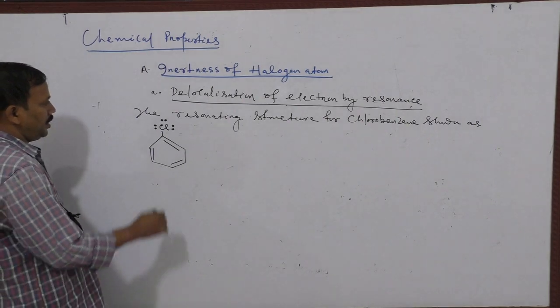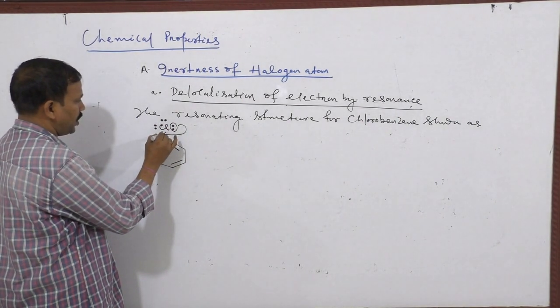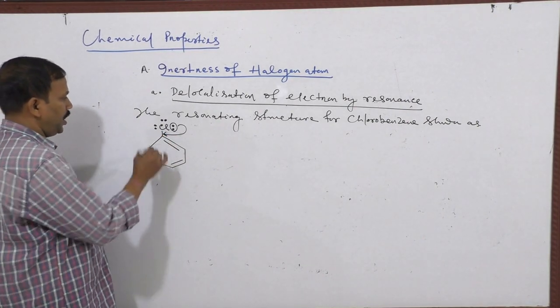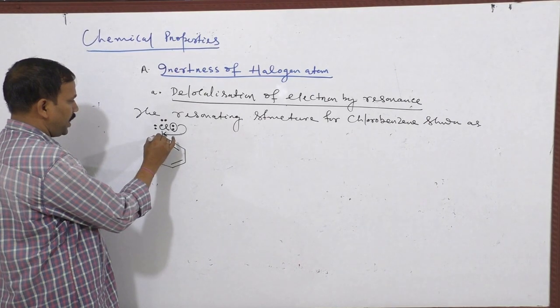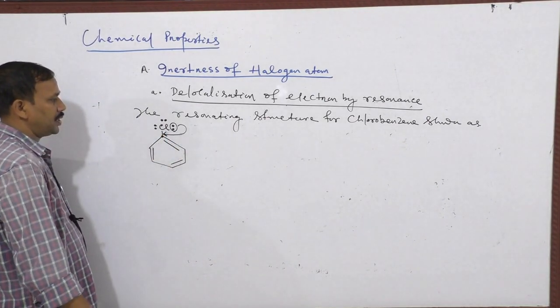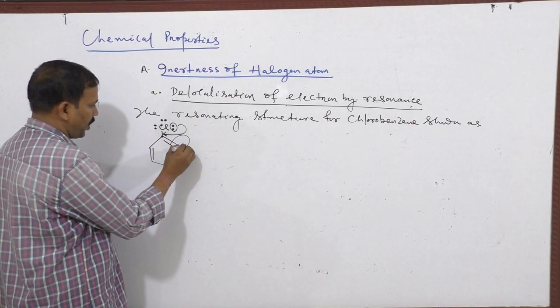Suppose we place a pair of electrons between the carbon and chlorine. Now this carbon becomes pentavalent: 1, 2, 3, 4, and a new bond will form, that is 5. Automatically the pi bond becomes delocalized.